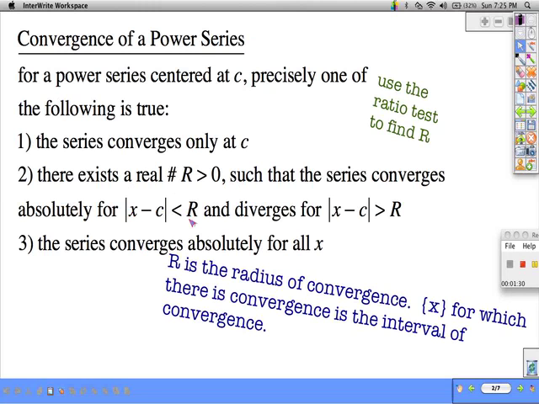Or the series can converge absolutely for all x. R is what we call the radius of convergence, and the set of x's for which there is convergence, the domain, is the interval of convergence. And to find R, we're going to use the ratio test.